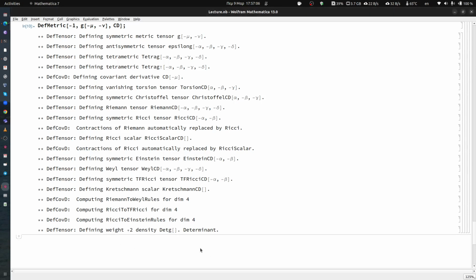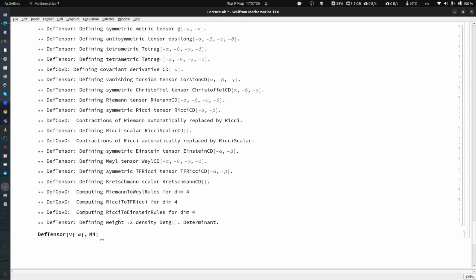So the objects that we will use to do computations are tensors. And tensors have a very simple notation that we will see very soon. But the first thing that we have to do is to define objects that are tensors. And these have a complicated internal representation which fortunately we don't have to know. All we have to do is to use the function DefTensor, choose a symbol for the tensor.